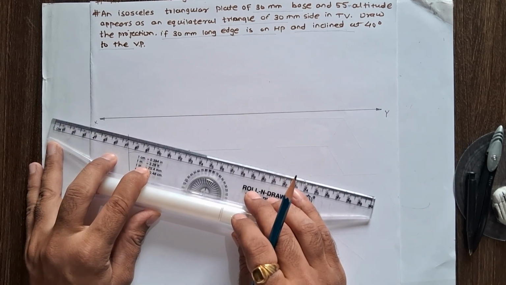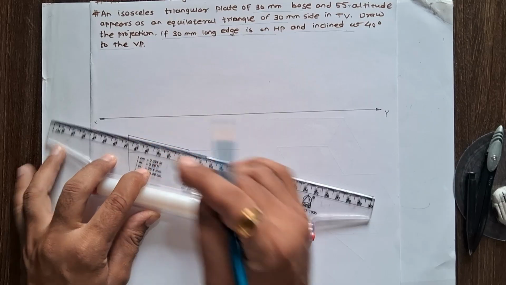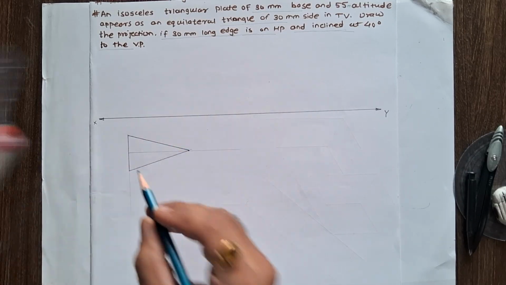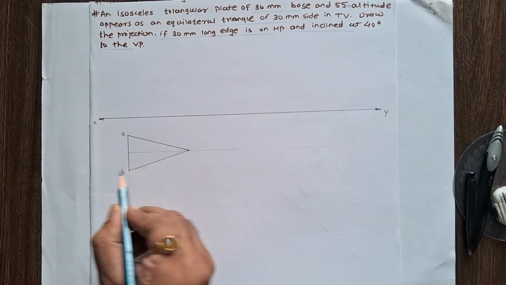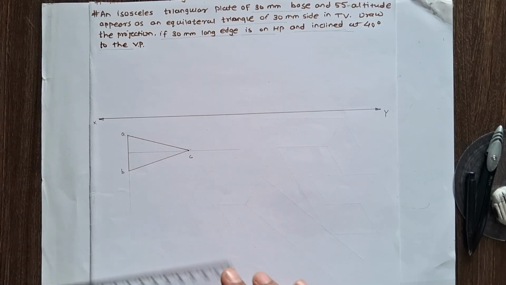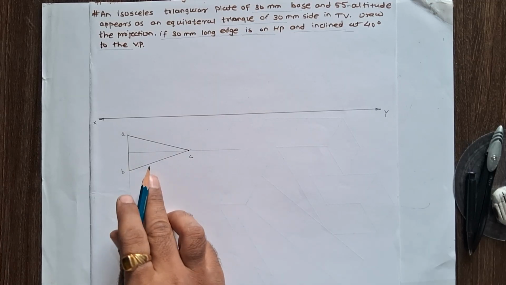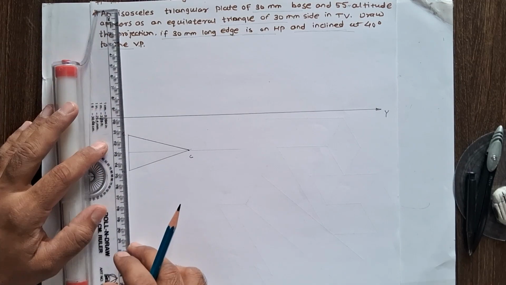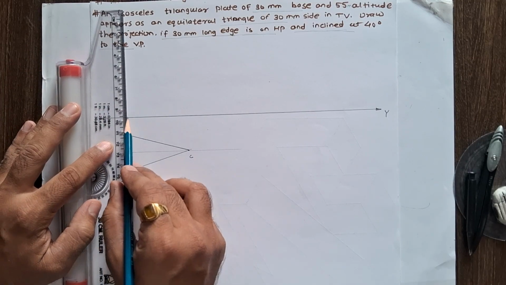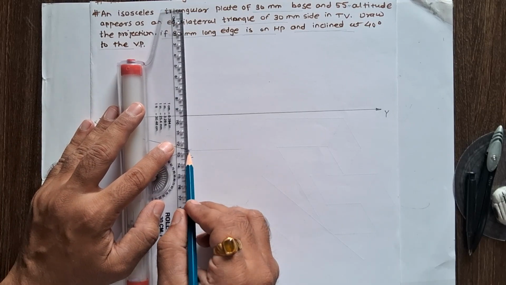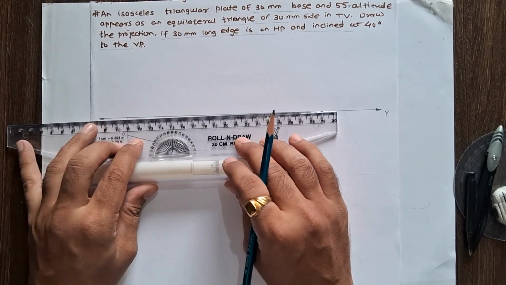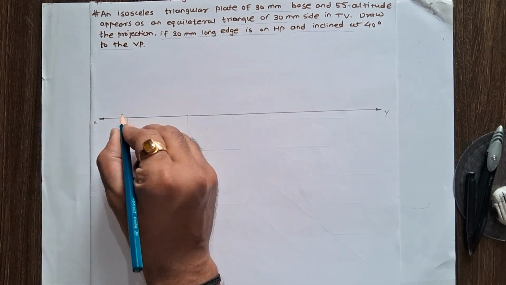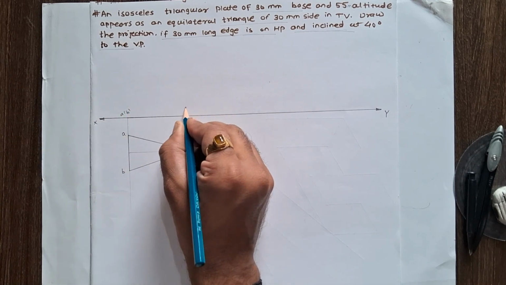So join the altitude and base edge. These points are A, B, C. So here in stage 1 we assume that the complete plane is resting on the horizontal plane. Now project A, B and C on XY. This is A dash, B dash and C dash.